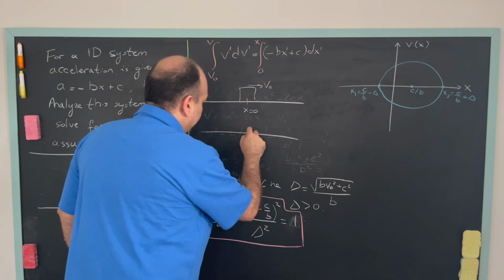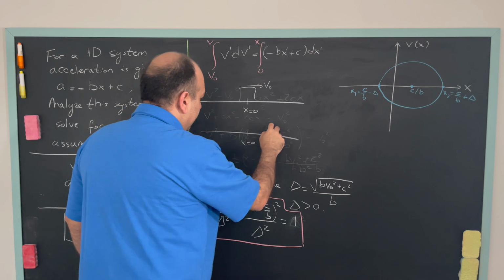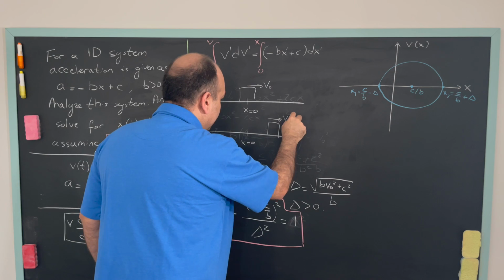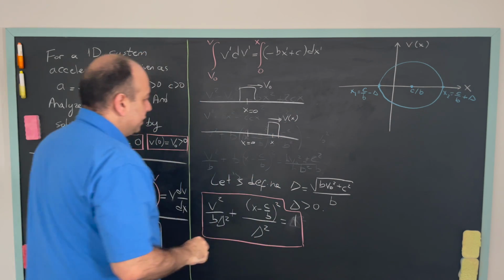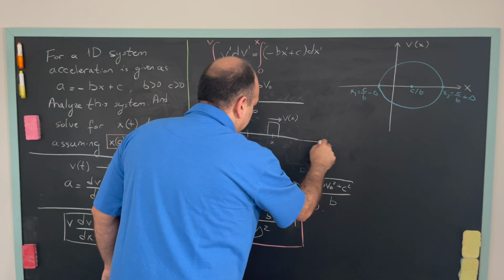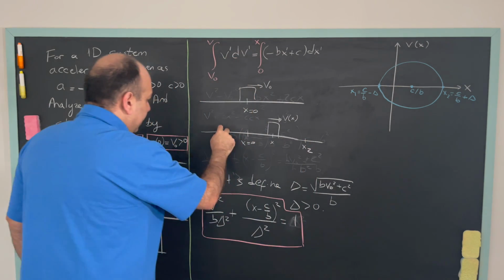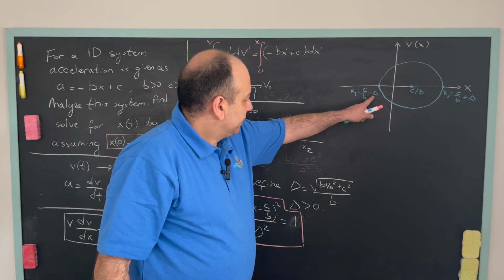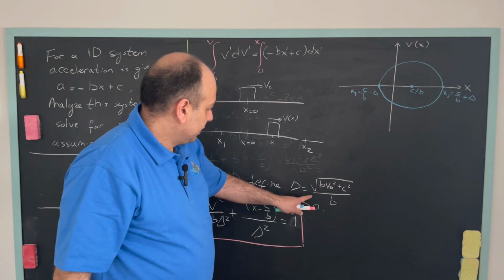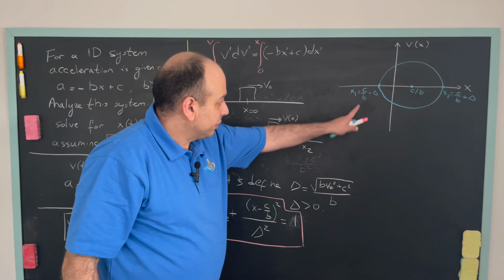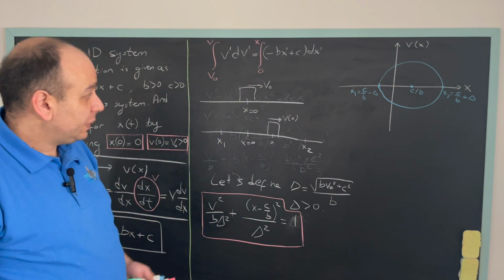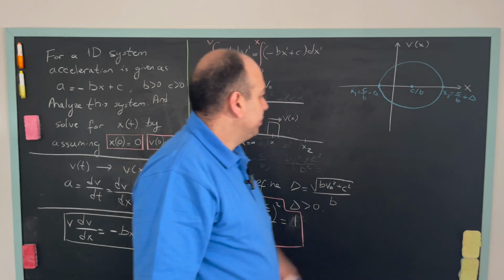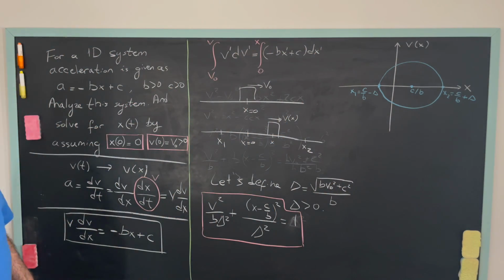So at a later time, it's moving to the right with some other velocity v. This is as a function of x, right? And x2 is a point somewhere here, and x1 is another point somewhere here. By the way, x1 is negative because delta is larger than c over b, right? You can see that. So x1 is negative, x2 is of course positive. c and b are positive constants, as we all remember.